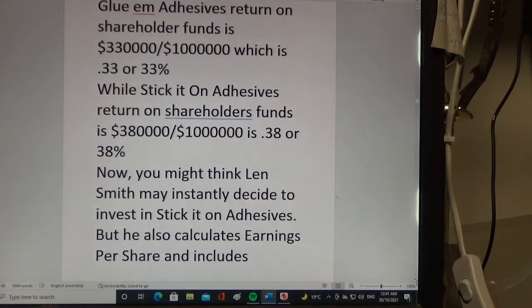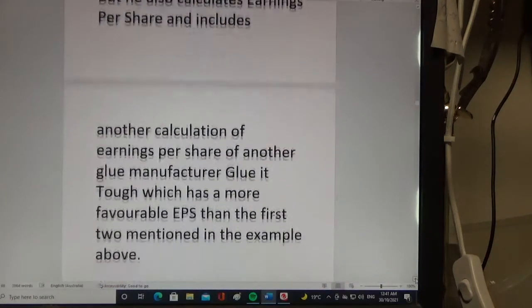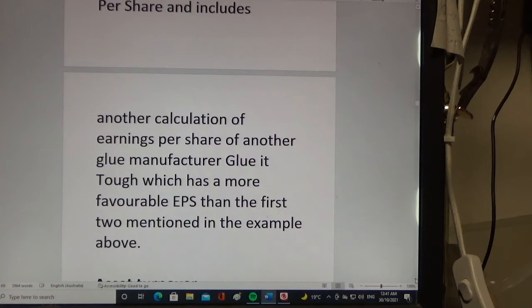Now you might think Len Smith may instantly decide to invest in Stick-It-On Adhesives, but he also calculates earnings per share, which we'll get to, and includes another calculation, and Len Smith just thinks that another company, Glue It Tough, had a better EPS.